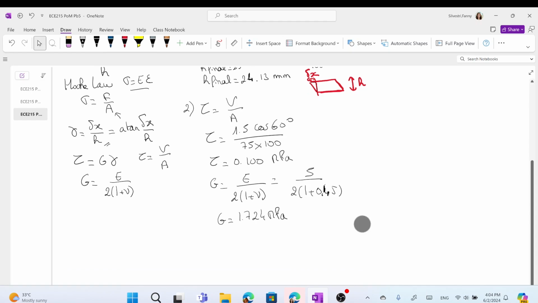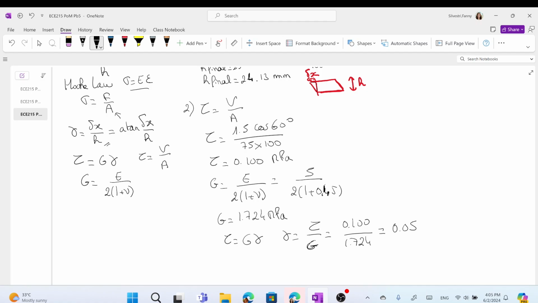So now we can use the formula tau equals G times gamma, and we find gamma equals tau divided by G, so equal 0.100 divided by 1.724. I just want to make sure.